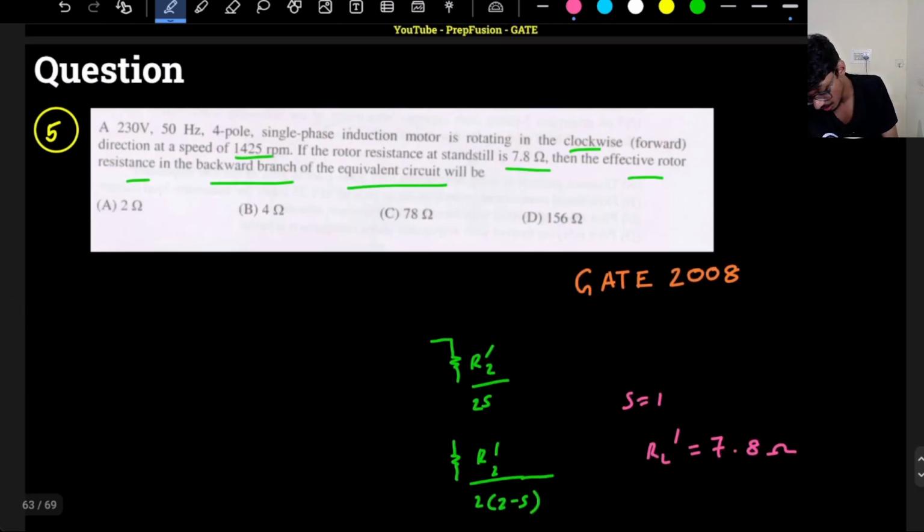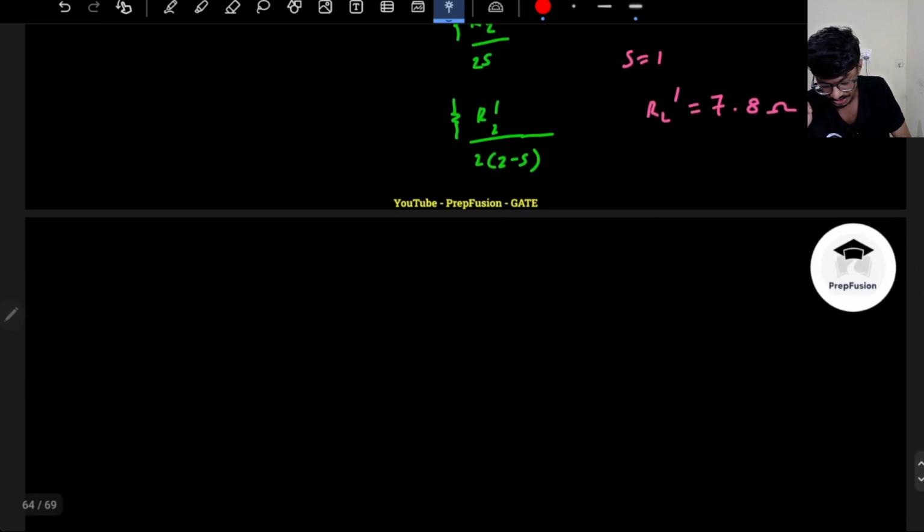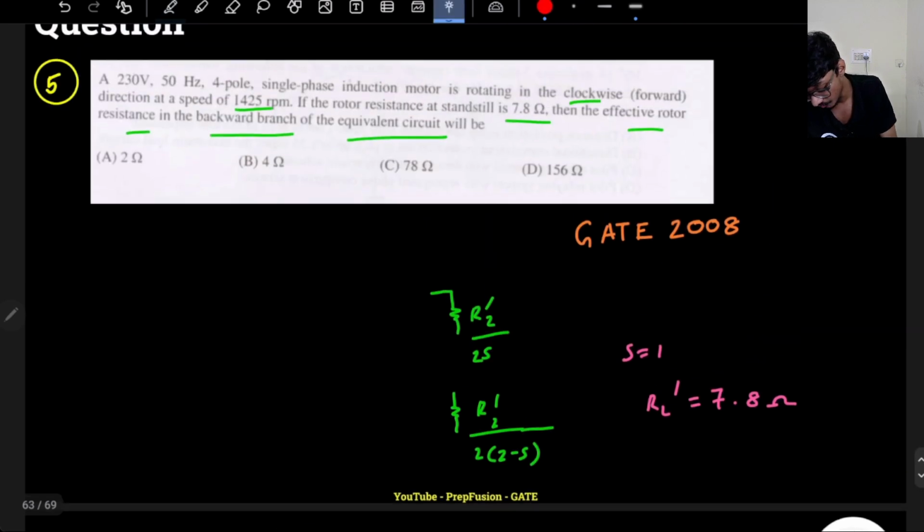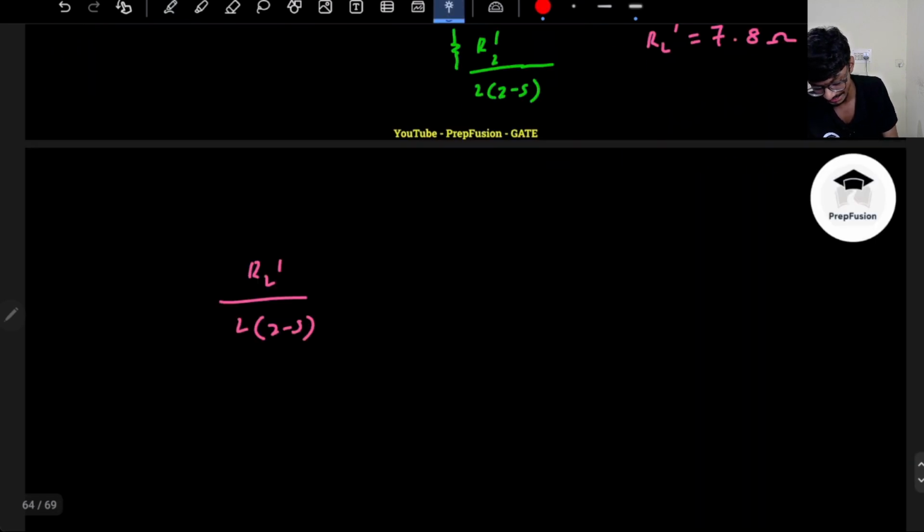Now they are asking me what will be the backward branch equivalent resistance, right? So the backward branch equivalent resistance will be R2' divided by 2 into (2 minus s) when it is running. It is running at a speed of 1425 rpm. What is the Ns?